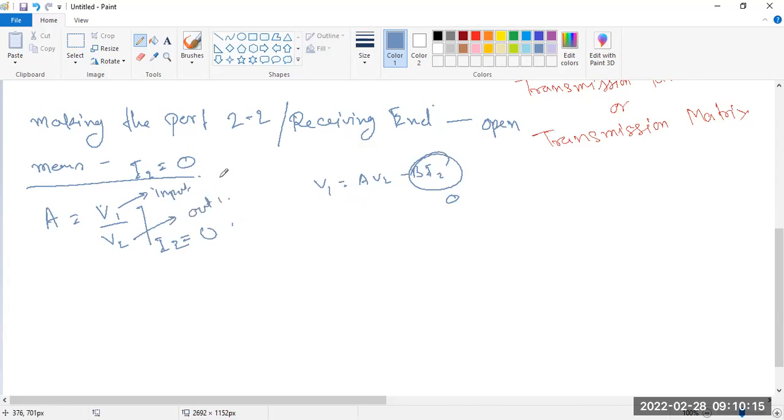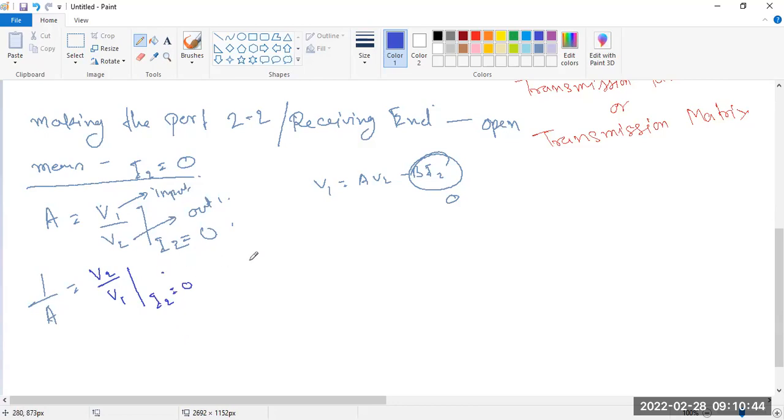But whenever we go for analysis of gain, we take the output by input. So we just have to flip it. So 1 by A equals V2 by V1, when I2 equals 0. We have to write that down.